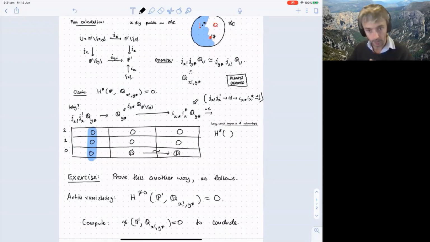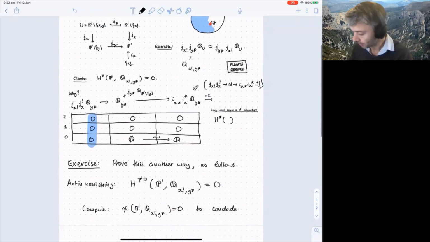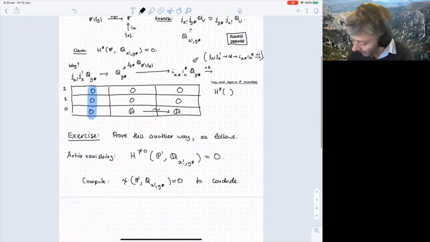Okay. And why is this Euler characteristic 0? Basically, it's because I've taken the Euler characteristic of P1 and then I've removed 2 points, both of Euler characteristic 1. And so I'm taking the Euler characteristic of P1, which is 2, and I'm taking away 1, and then I'm taking away 1, and I get 0. So that's exercise A.